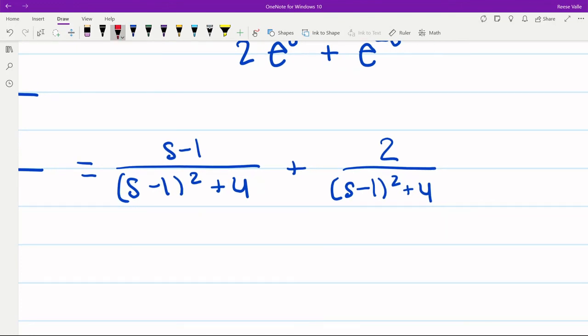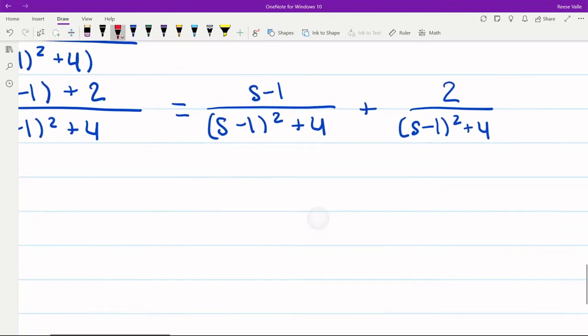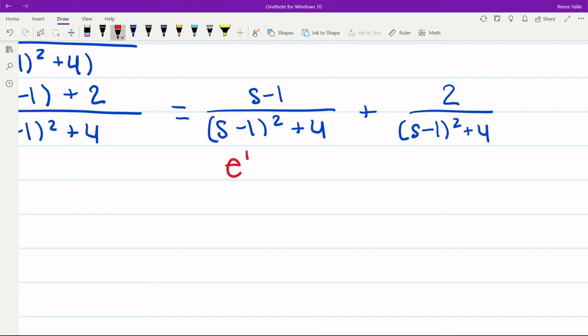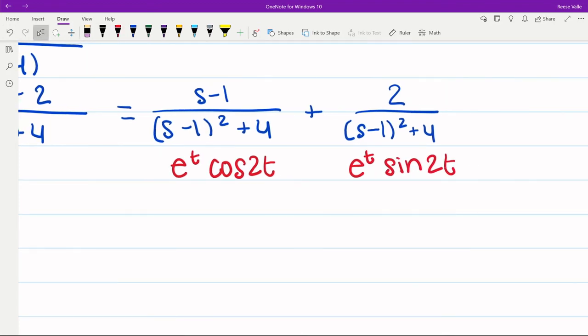And then these guys are just e to the t, shift transformation, right there. Just move e to the t, and then it's going to be cosine of 2t. And then this one's just going to be e to the t sine of 2t. Because this one deals with a constant in the numerator, and this one deals with the function in the numerator.